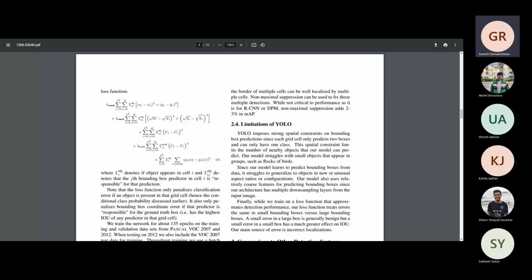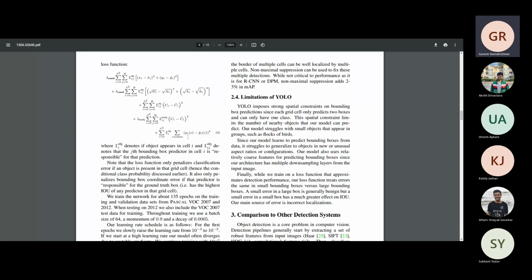Is that correct? And the second one, wi, is also to do with the size, width and height. Ci are classes, isn't it? Ci are class representations. Yes, sir. And p should be the probability and the confidence, sir.